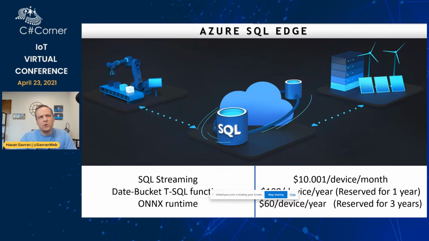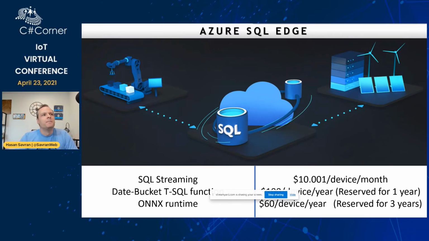The second one is a T-SQL function named DATE_BUCKET, which is really useful for time series data analytics. Also, you can run AI scripts using the ONNX runtime. So whatever application you are running on the IoT device can be smart and do something without going to IoT Hub.